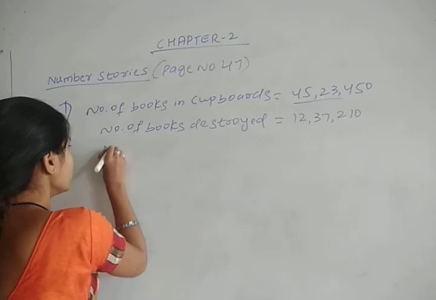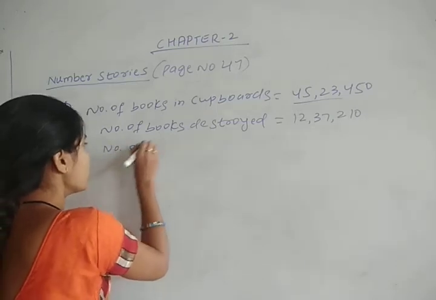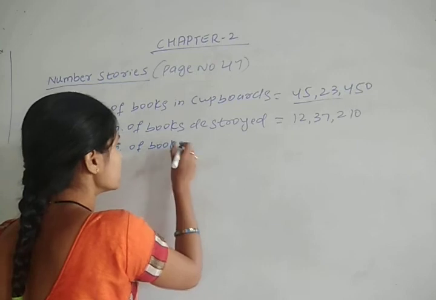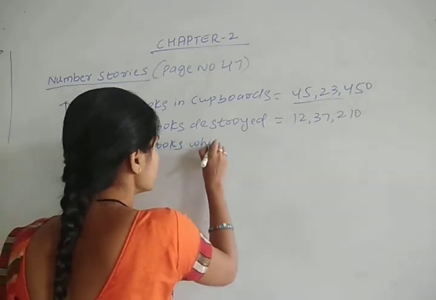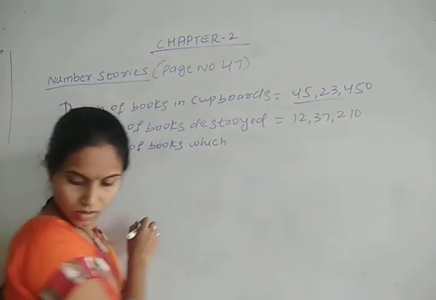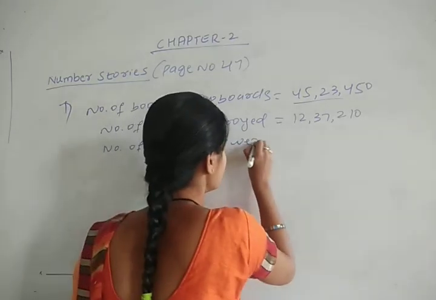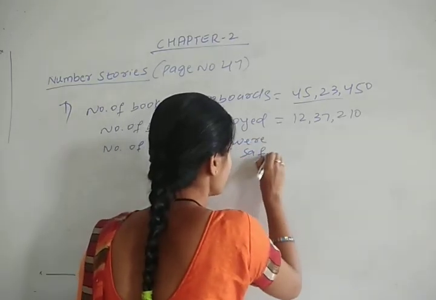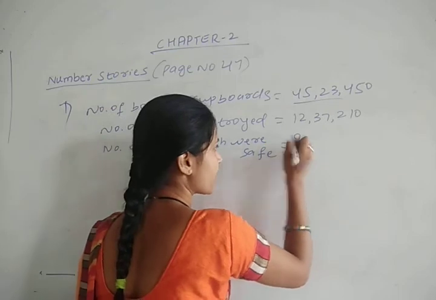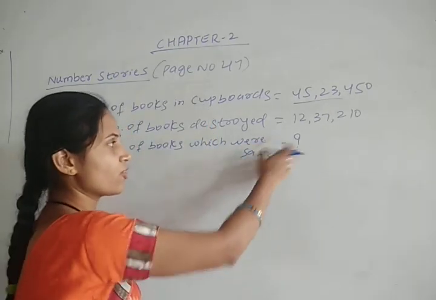Okay, now they are asking you to find the number of books which were safe in the cupboard. Now we have to find the number of books which were safe. We need to calculate this one, so I will write a question mark in front of this.